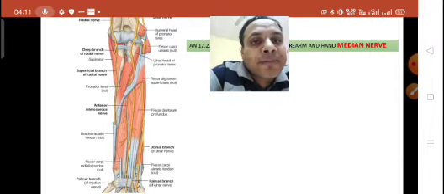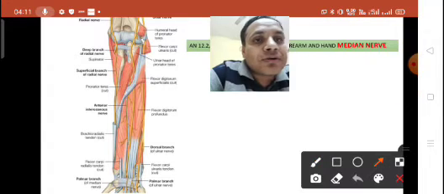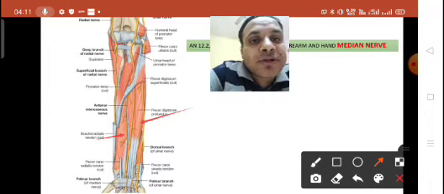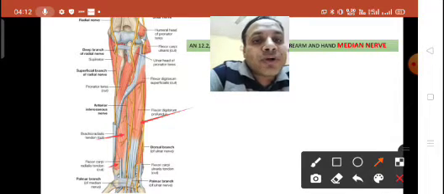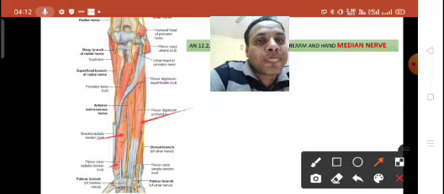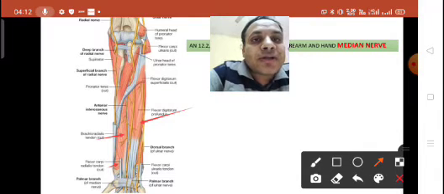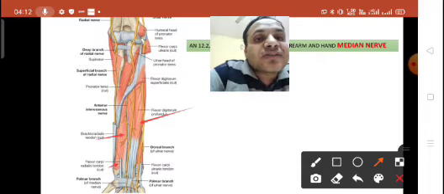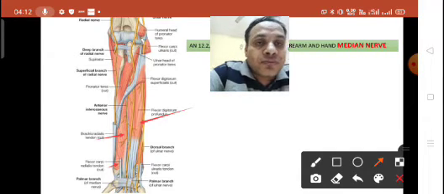You can see here, this one is the flexor digitorum profundus muscle, and this one is the flexor pollicis longus muscle, and this muscle is known as pronator quadratus muscle. The anterior interosseous nerve supplies the deep muscles of front of forearm.